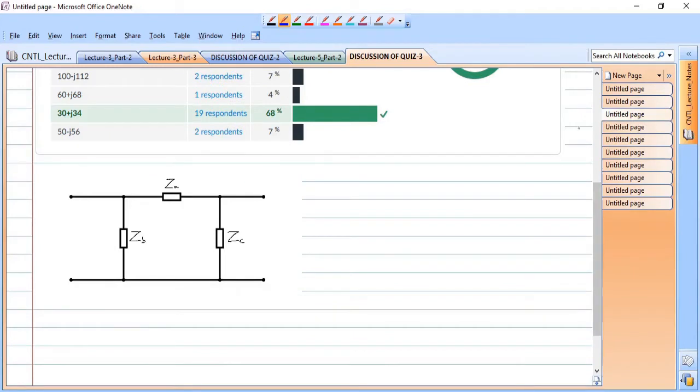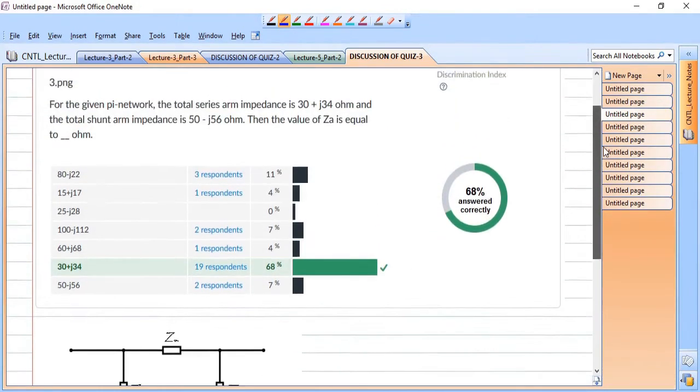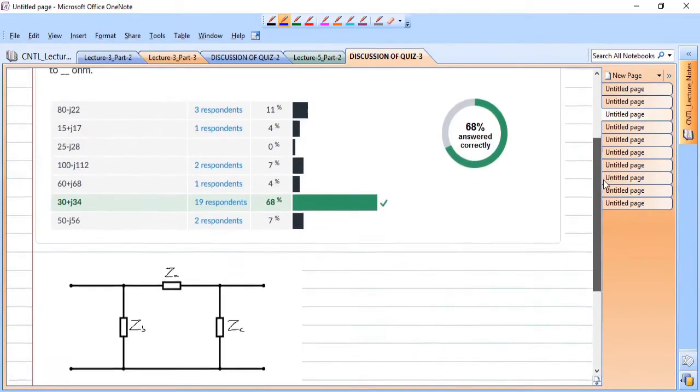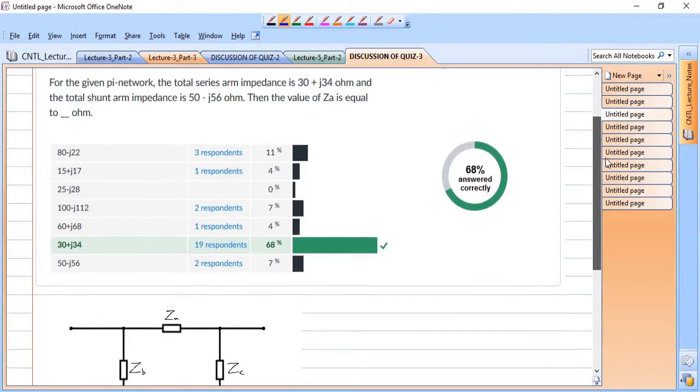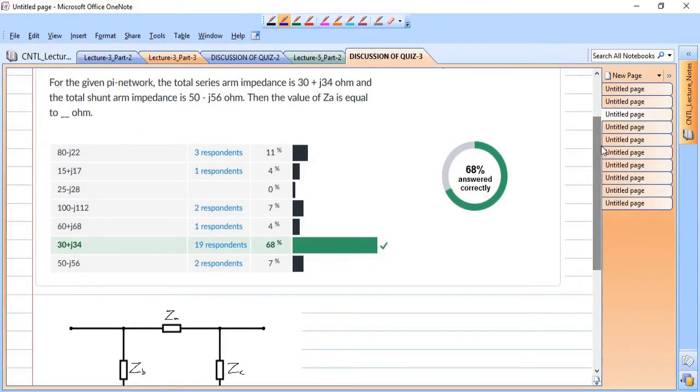Next question. Okay, we are given this pi network. For the given pi network, the total series arm impedance is 30 minus J24 ohm and the total shunt arm impedance is 50 minus J56 ohm.